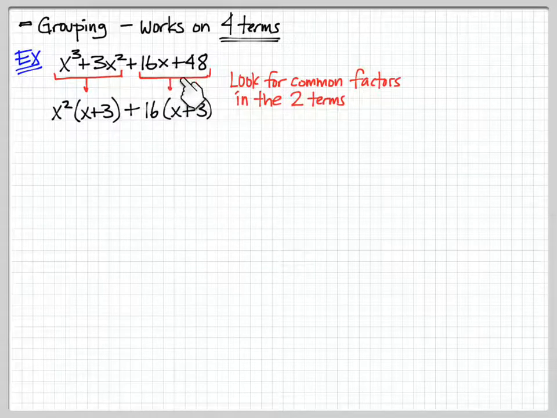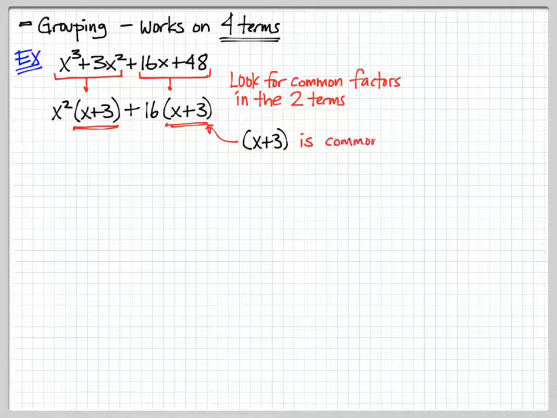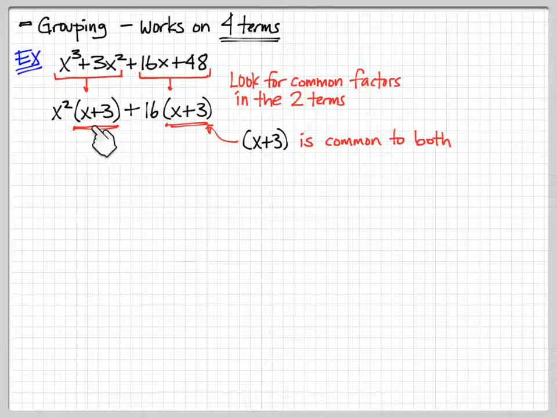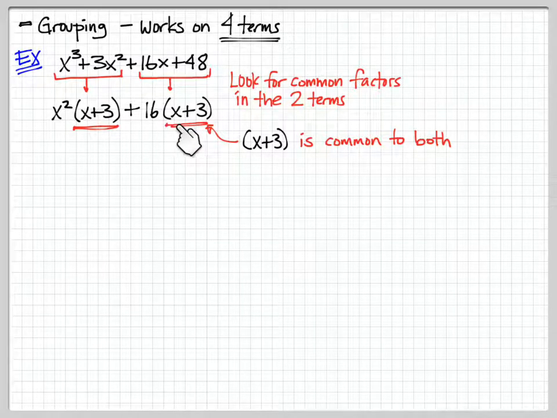We took the second 2 terms and factored out the 16. And then this is what we observed. Now this isn't always the case, but when grouping works, we actually will find that there is a common term in both of them. And we see this common x plus 3 in both of them after we've factored out through this step above.